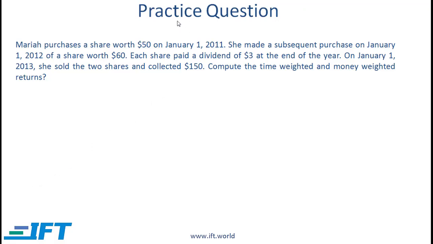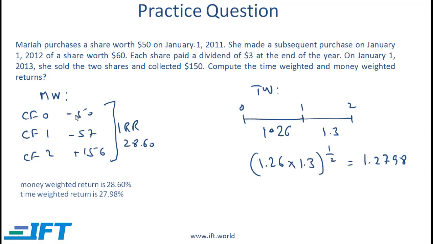Let us take a look at this practice question now, and I want you to try this before you watch the video. So for the money weighted return, you enter the cash flows as follows. Cash flow 0 is minus 50 because that's your initial investment.